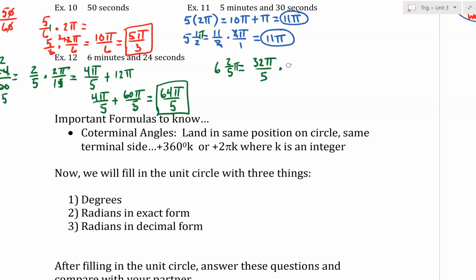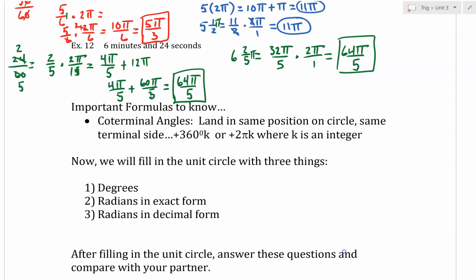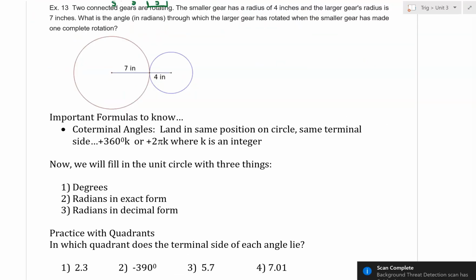And then we're going to multiply that by 2 pi over 1. Well, that's 64 pi over 5. Either way works. Sometimes it's quicker to just convert the whole thing than it is to add later. Your choice, what you want to do here. Okay, I know my notes looked a little bit different. This now should look the same as what you had.